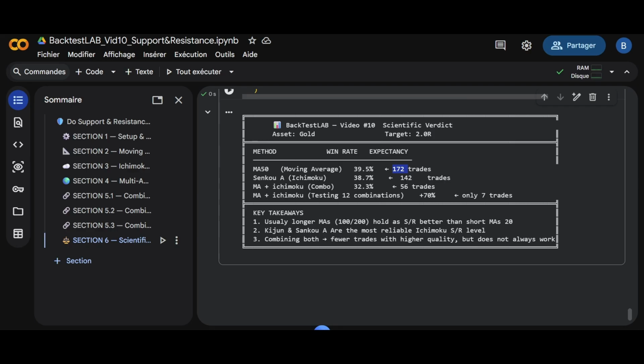With the Ichimoku Senkou Span A, we had fewer trades, but it was also around 39%. Combining Senkou Span A with moving average 50 did not improve the results, and we had also fewer trades. If we try all the possible combinations of these levels, we can get up to 70% win rate, however, with only 7 trades.